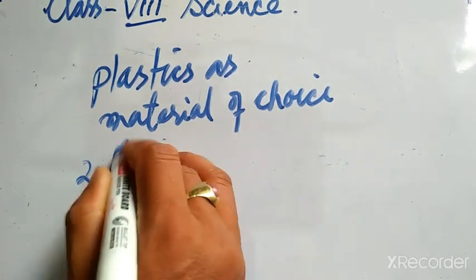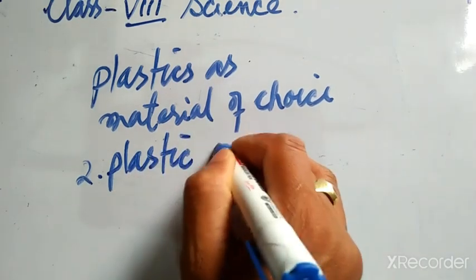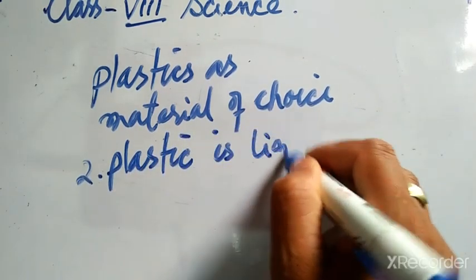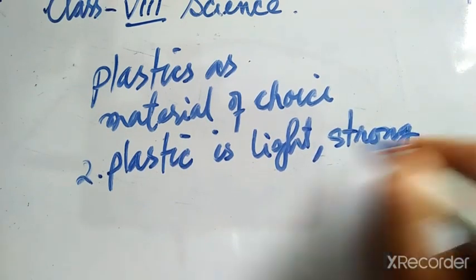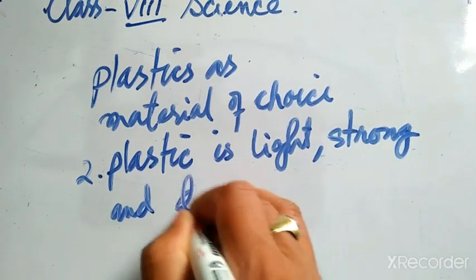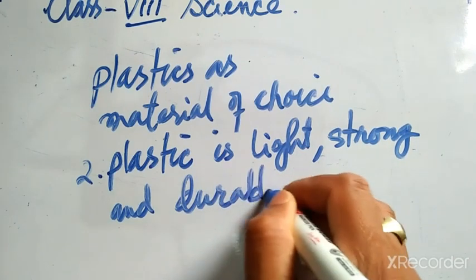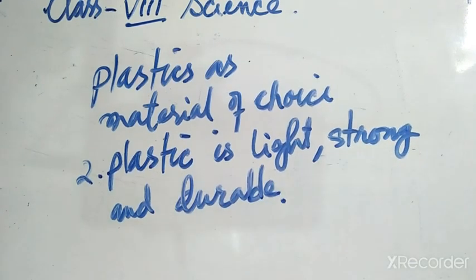Number two, plastic is light, strong, and durable. As we know, so many containers like buckets were used in the past. What is the material of the buckets or mugs we had been using?